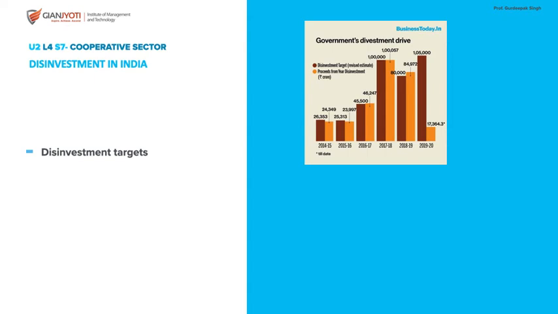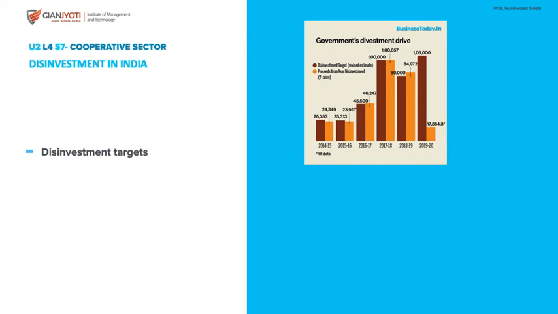If you look at 14-15, the target was 26,000 crores, and the actual proceeds from the disinvestment were not bad, around 24,000 crores. And look at 17-18. It is around 1 lakh crore, and we were able to get proceeds of almost the same amount in 2018-19.